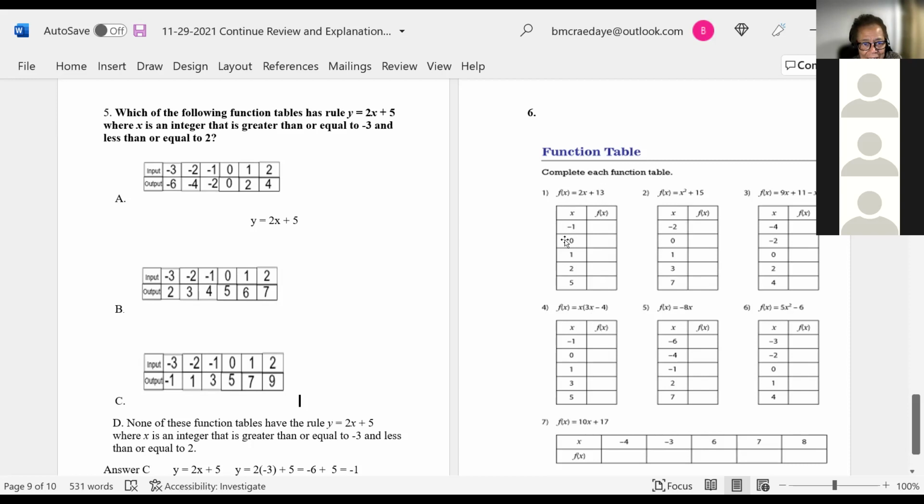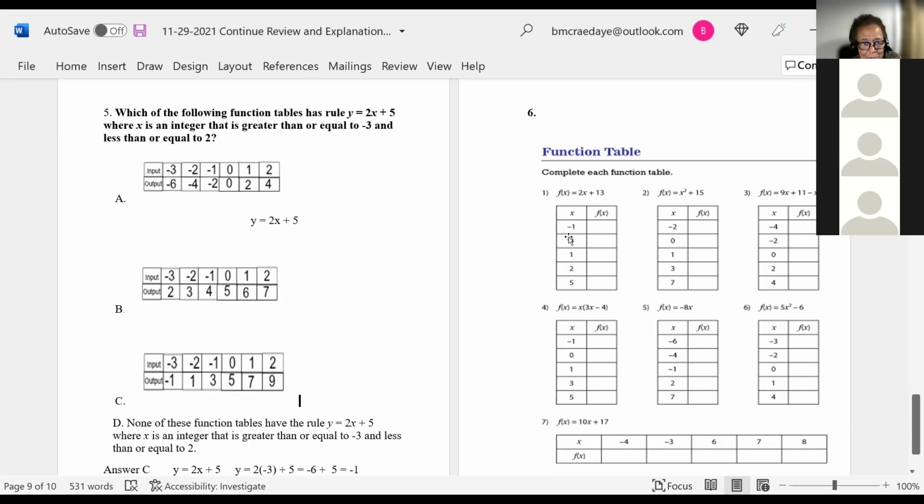So wherever you have an X value, you put it into the equation and calculate the output. So the first one, Chastity, -1, 2 times a -1 is a -2. Plus a 13 will be 11. So that first entry for F of X would be 11. You got it? Okay, and which is the relationship? Relationship is this F of X equals 2x plus 13. The output is related to the input with this equation, all right?